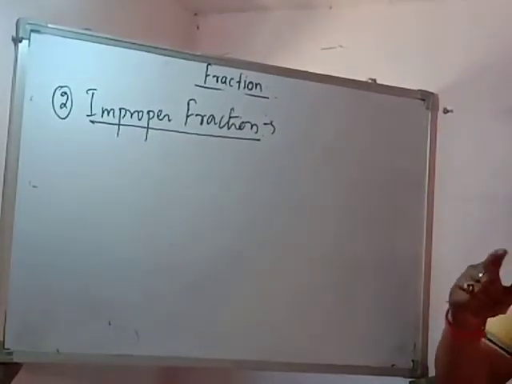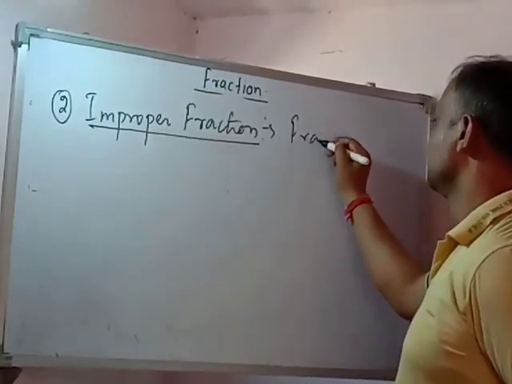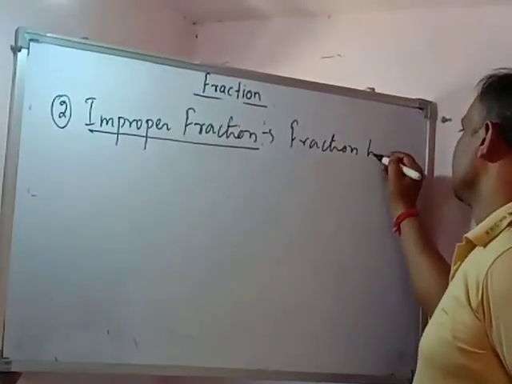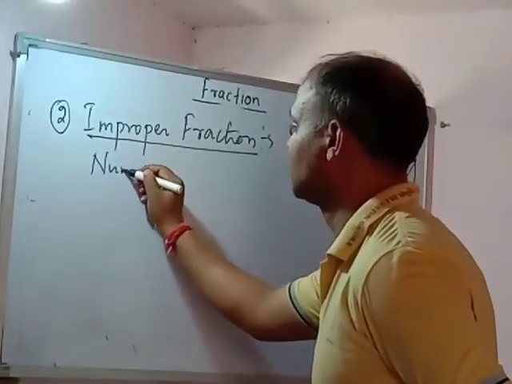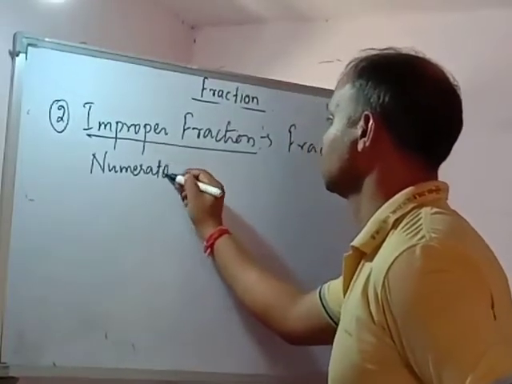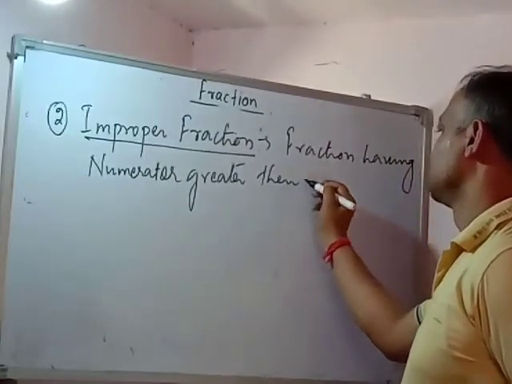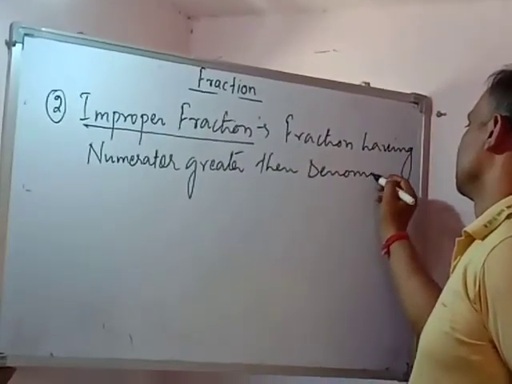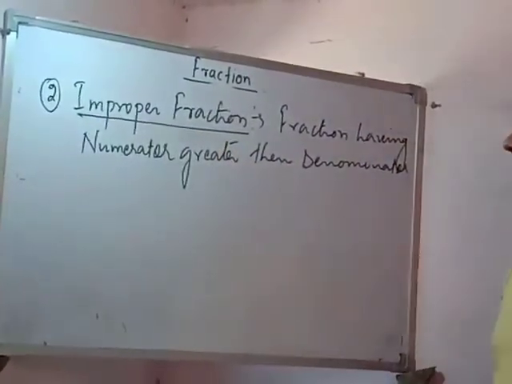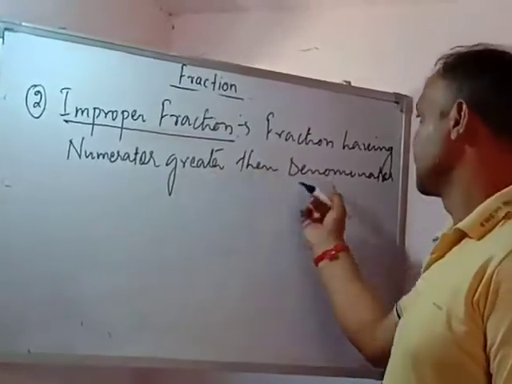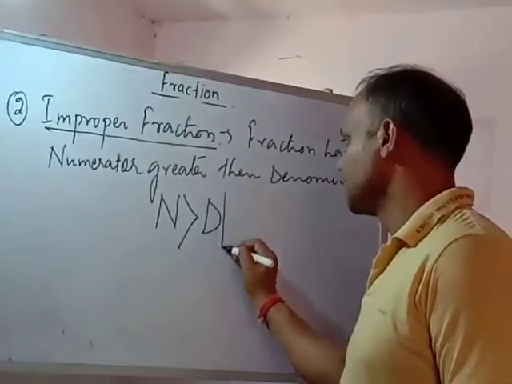A fraction having numerator greater than denominator. Such a type of fraction is called an improper fraction. Here the numerator is greater than the denominator.